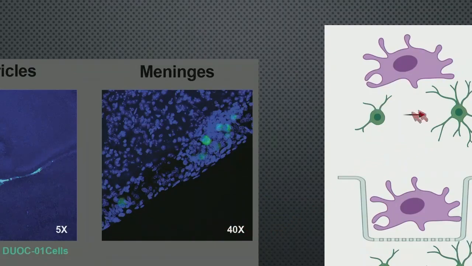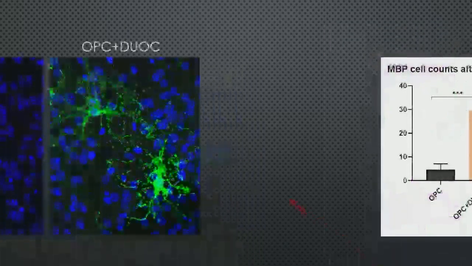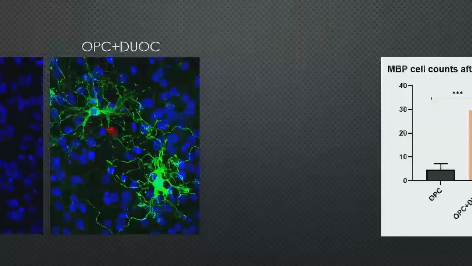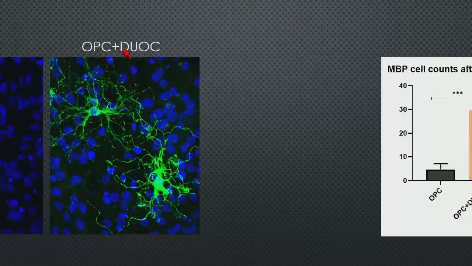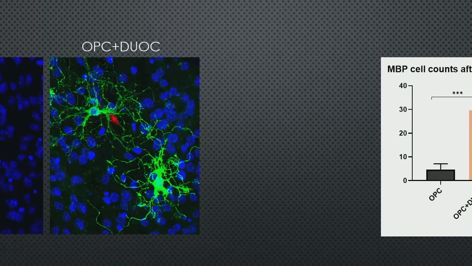So we wanted to test this in an assay. We went back to our transwell assays where we can have our macrophages in the transwell and then have our OPCs underneath. And just like I showed you before, when you add DOCO1 to these OPCs, you see these very beautiful, mature oligodendrocytes start to form.